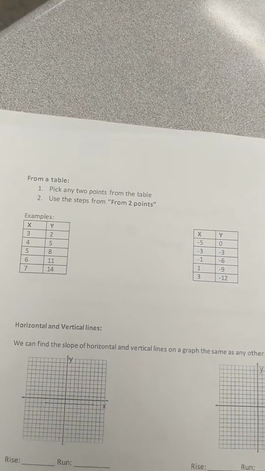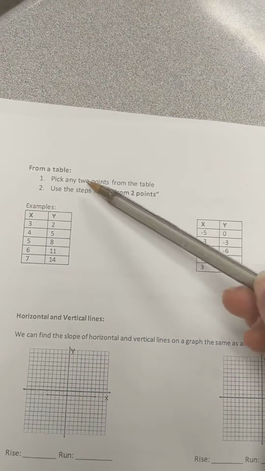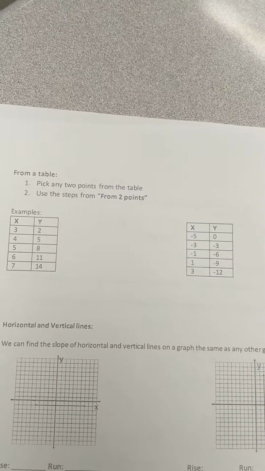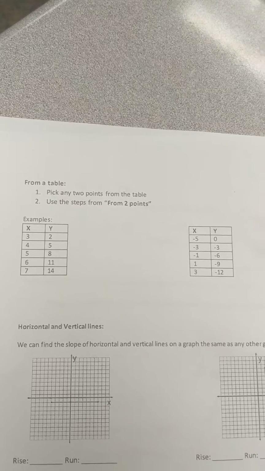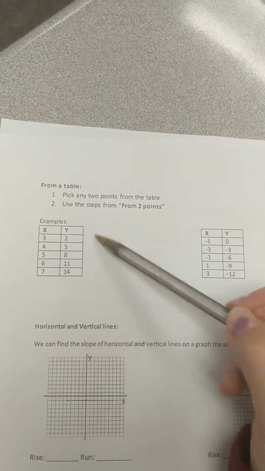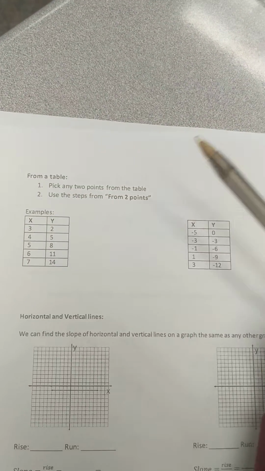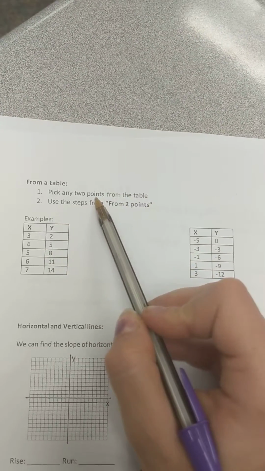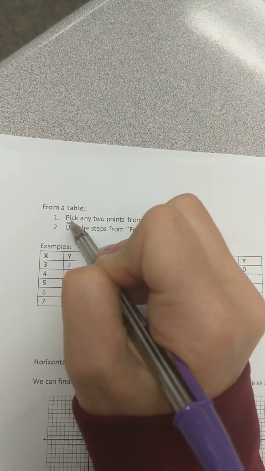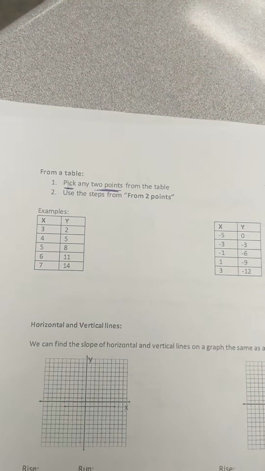All right, the last way we're going to find our slope is from a table. It is the exact same as how you found it from 2 points. The only difference is if you look at your table, you've got a lot of points. And if you remember back from the front page, you just had 2 points. So with a table, you get to pick 2 points from your table, but make sure they're coordinate points.